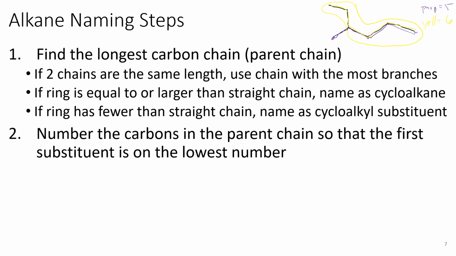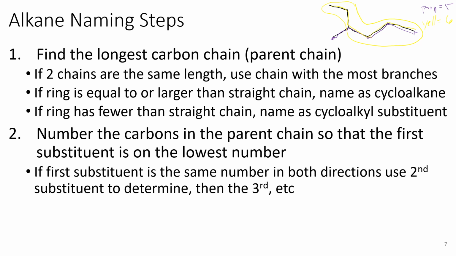The next step is going to be to number all the carbons in that parent chain so that the first substituent is on the lowest number. So your job is to now number the carbon chain so that the first substituent is on the lowest number. If the first substituent is the same number in both directions, so you notice there are 2 ends to our chain, if we go in either direction and we get to the same first substituent, so they both end up on carbon number 2, you then use the second substituent and you want to make that the lowest number.